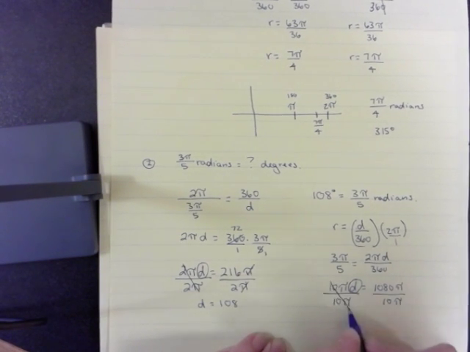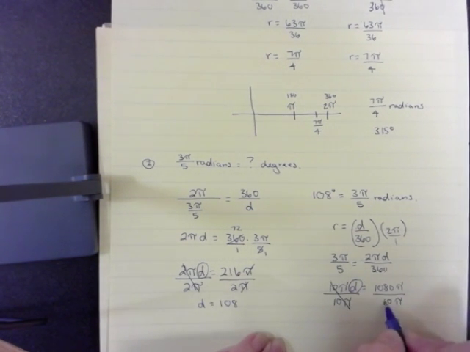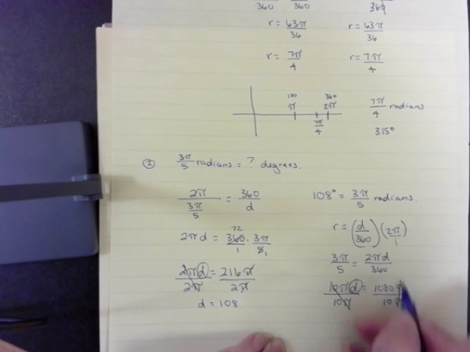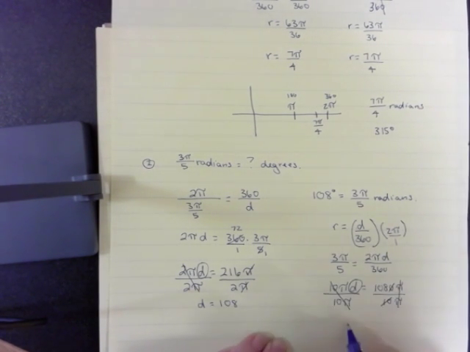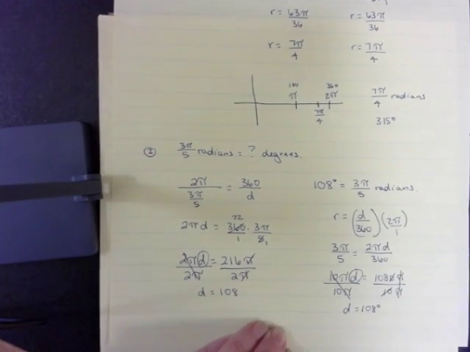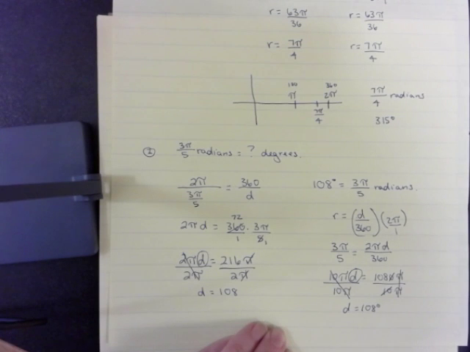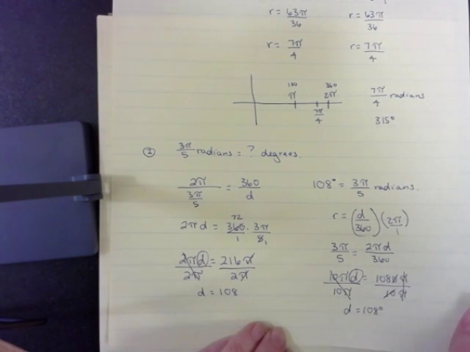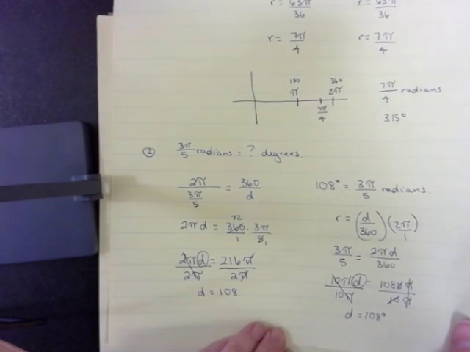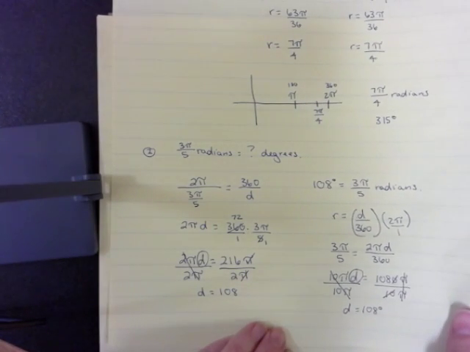I'm going to get my d alone by simplifying that. And look at that. My pi's simplify to 1. 1080 divided by 10 takes out one of those 10s, and d equals 108 degrees. So either way you do it, you're going to get the same answer. Okay, so I'm going to put 5 of these on the paper, and we're going to do them in class tomorrow, but I want you to try them today.